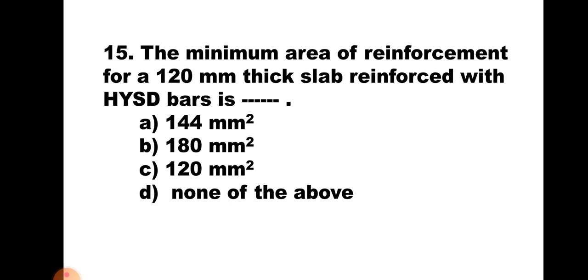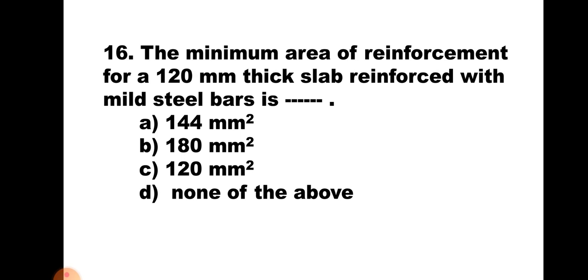So if you calculate 0.12% of b, that is 1000, and D, that is 120 mm, you will find that it will be 1.2 times D, and it is 1.2 into 120. So it will be 144 mm square. Hence the correct answer is A, 144 mm square.